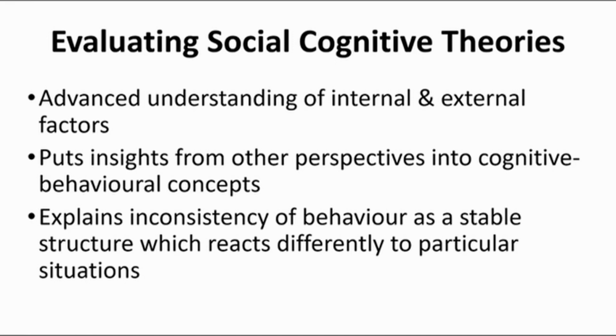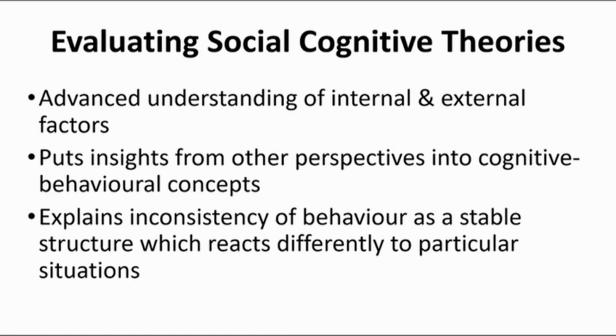And a really cool part is that it's going to start putting some of the insights that we've gained from the other perspectives into these cognitive behavioral concepts. So we're not completely ignoring the things that we've talked about for the other perspectives. We're just putting them into a different framework to explain some of the stuff that maybe wasn't explainable before.